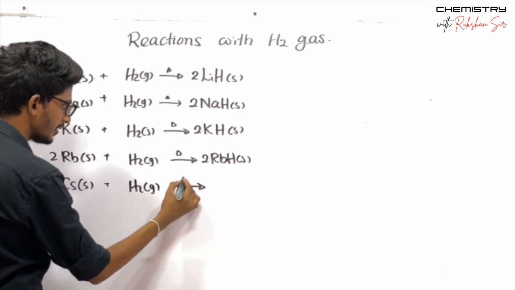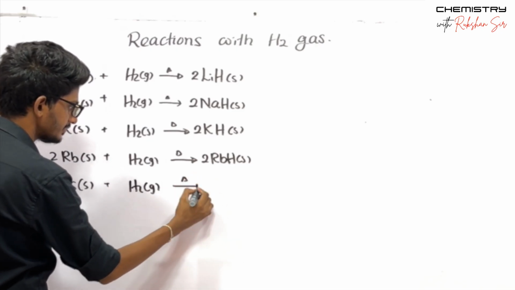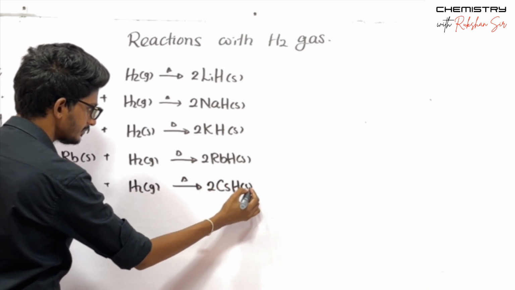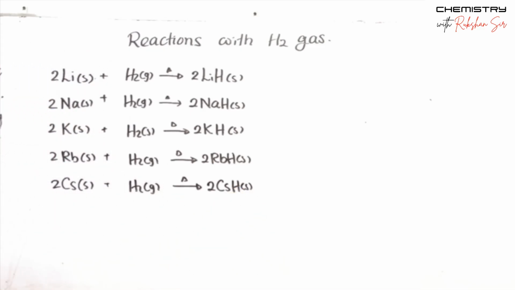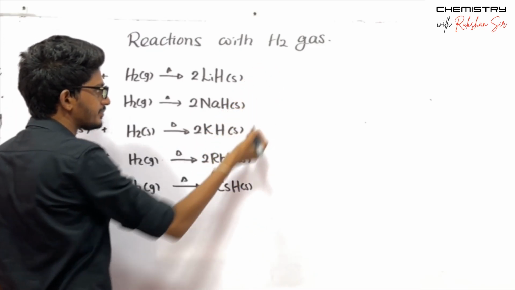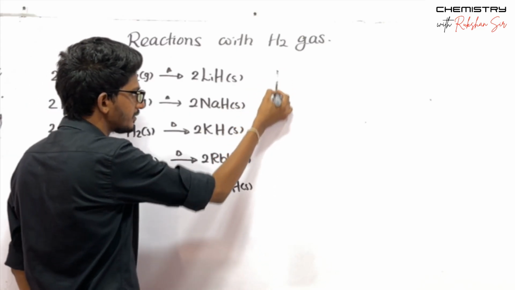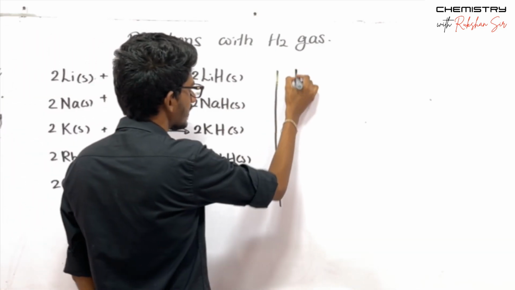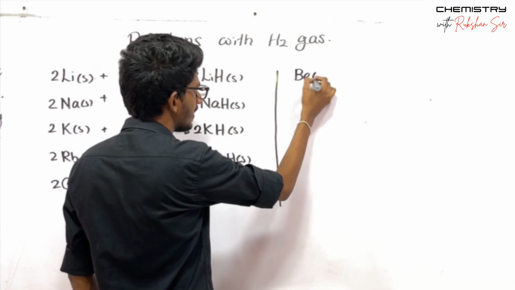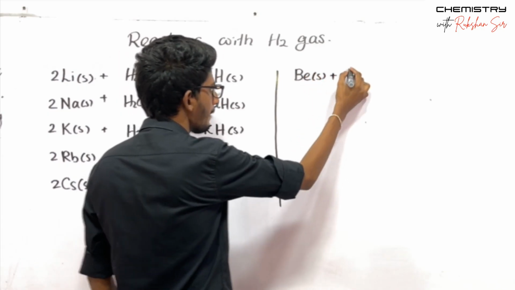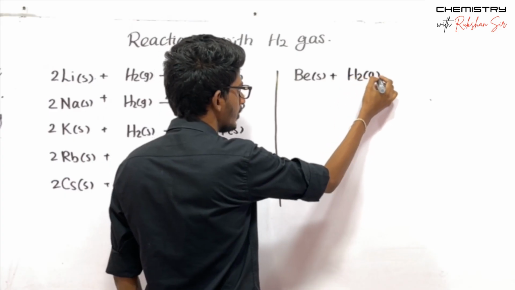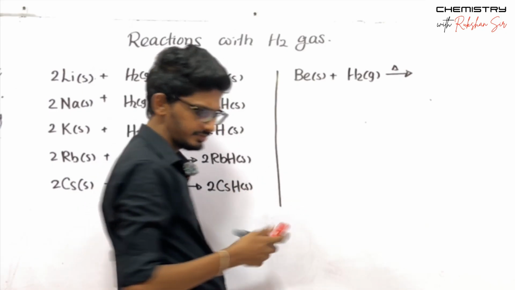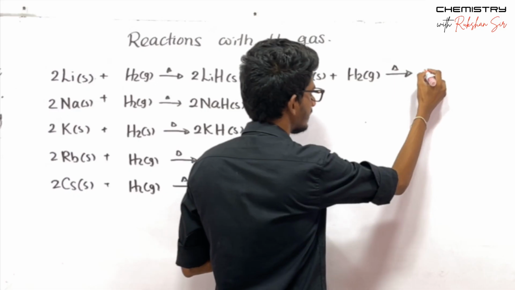All the group 1 elements will produce the hydrides with H2 gas, as well as the group 2 elements other than beryllium. Beryllium won't produce the hydride in normal conditions. You can see no reaction there.